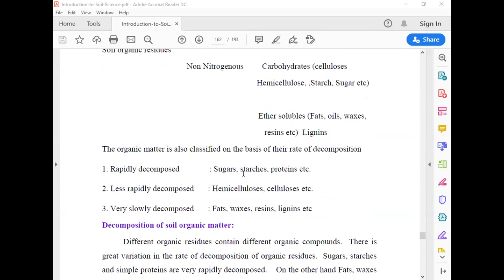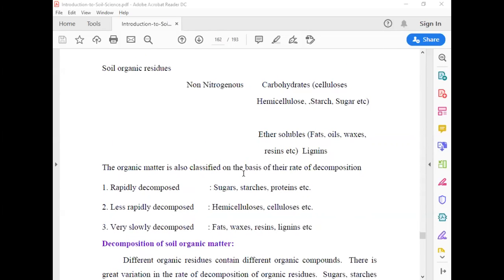On the basis of decomposition, soil organic matter is classified on the basis of rate of decomposition. Number one, rapidly decomposing organic matter, which includes sugar, starches, and proteins.